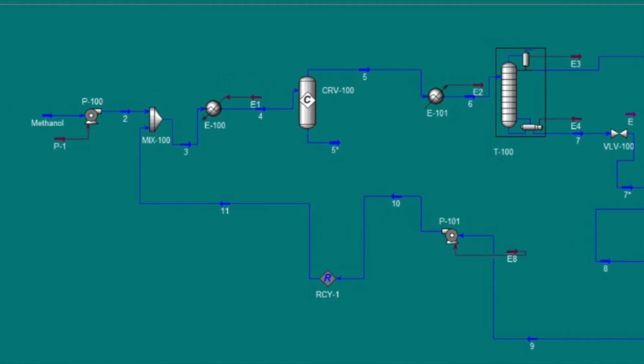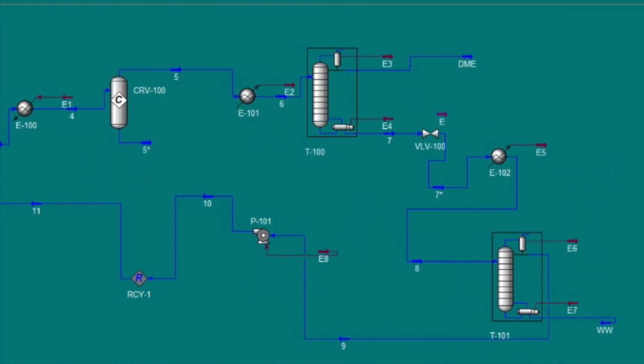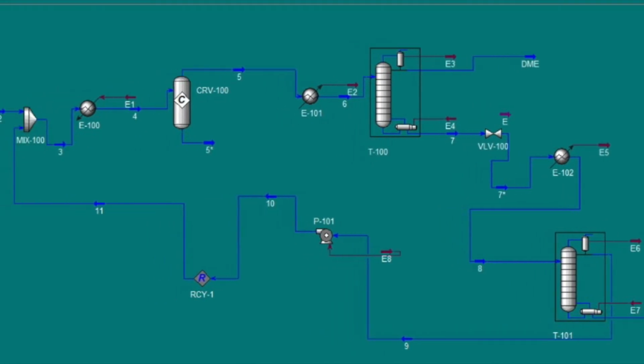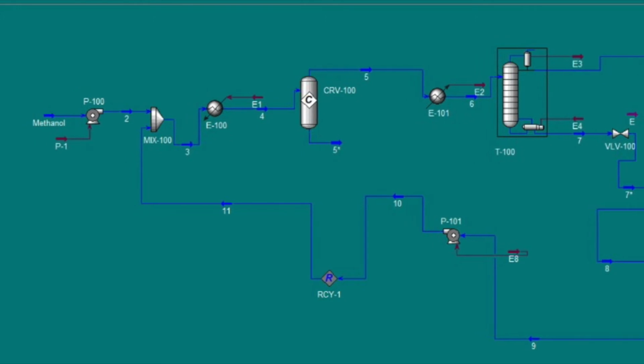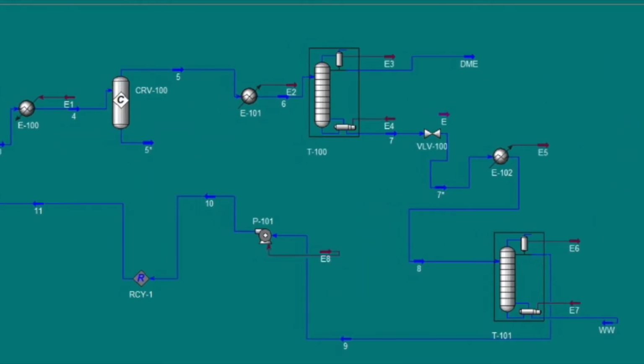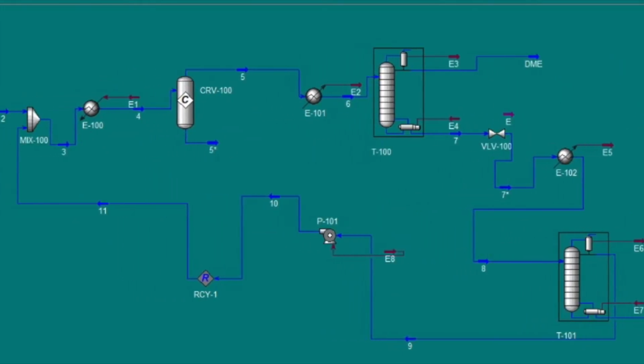And then the technological process was built in the Unisim application, combining the parameter conditions for the reaction dynamic module for the methanol dehydration reaction.